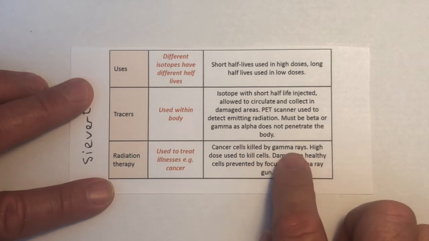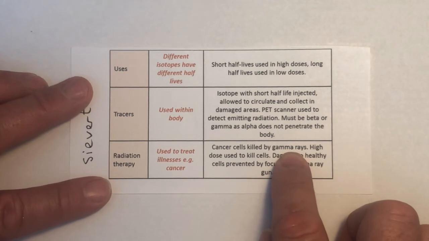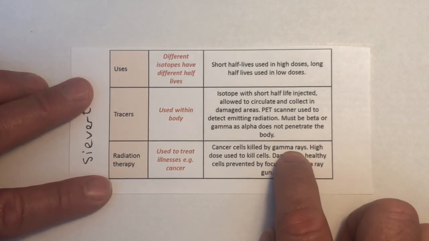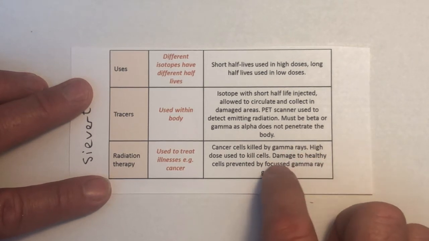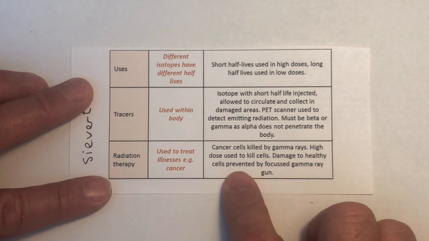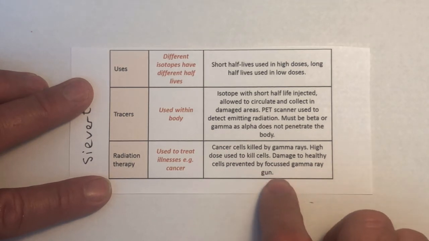Now, if you think about it, gamma rays can go through things very, very easily. So what they do is focus the gamma rays into a certain point, a bit like a gamma knife, where it's almost killing at a certain focus point in the body. Damage to healthy cells is prevented by focusing the gamma ray gun.